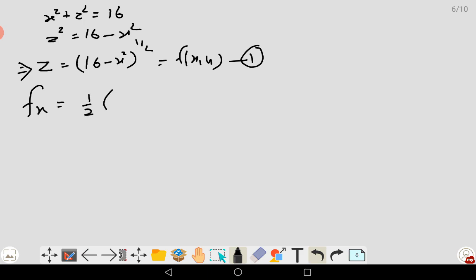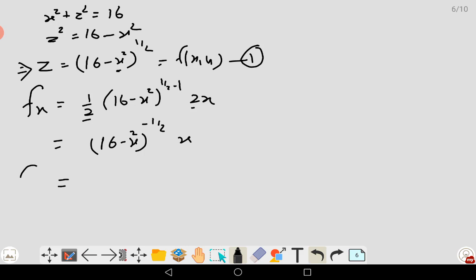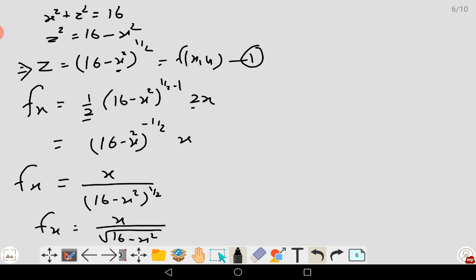It will be half 16 minus x square, half minus 1, and differentiate with respect to x, you get 2x. So this 2 and this 2 can be cancelled. It will be 16 minus x square to the power negative half into x. That is, f(x) is x over square root of 16 minus x square.